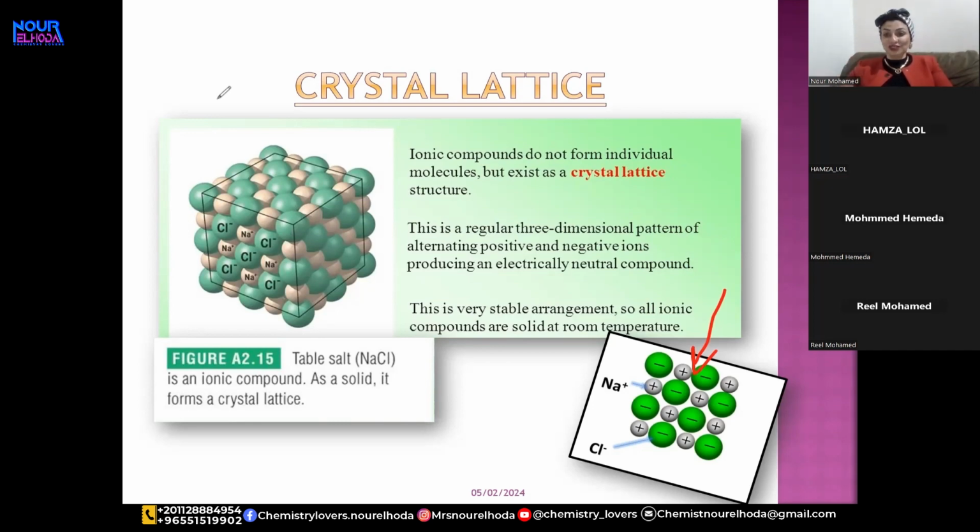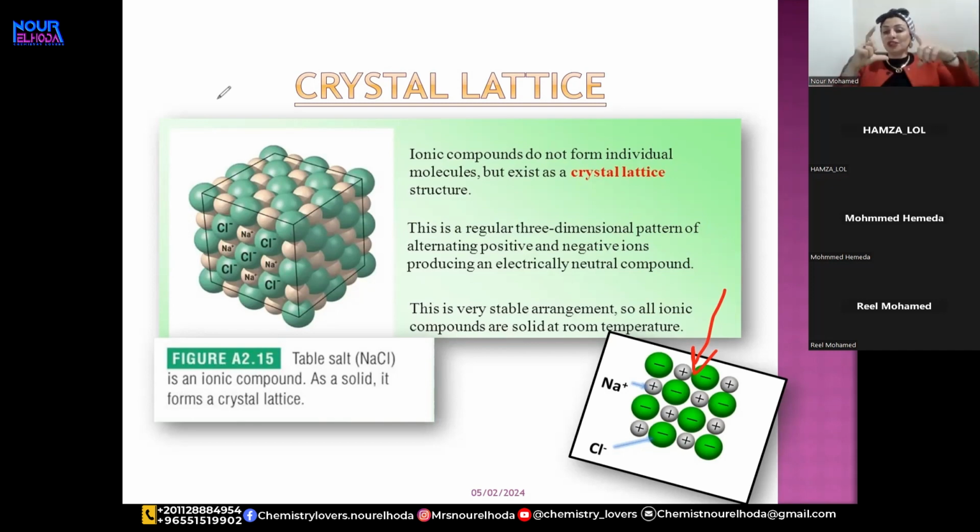When do we say this? If he asks you to describe the giant ionic structure or the ionic bond. There was a question which was so tricky. They put for you 4 choices for drawing sodium chloride. Once they put the sodium big, and once small.